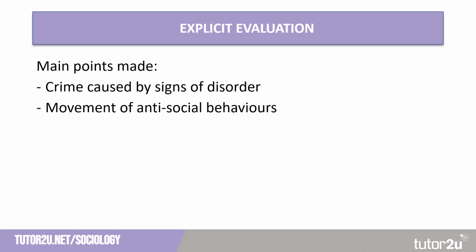So these are two of the benefits of right realist approaches. How might we criticise that? Well, crime being caused by the signs of disorder, what would left realists suggest about this? Movement of antisocial behaviours. We're moving people on, but where to?